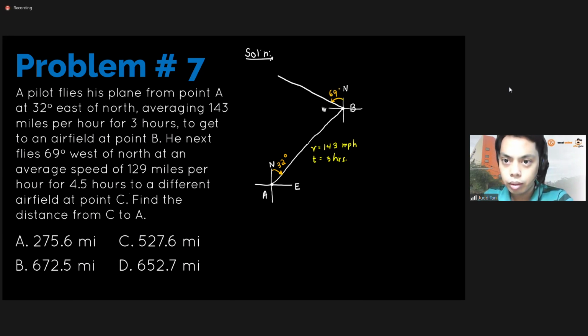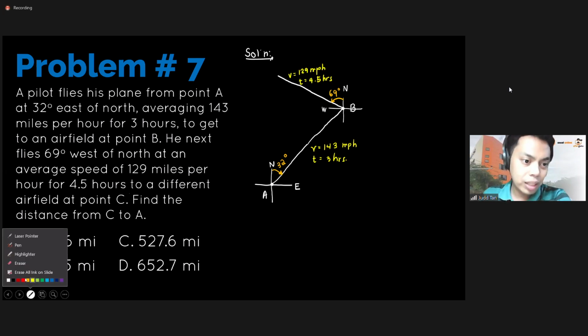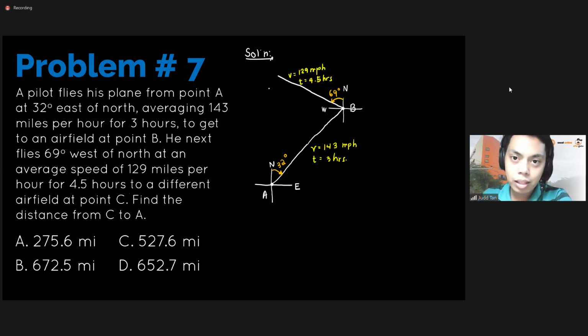Still, may nakasulat dito na average speed of 129 miles per hour, and then we have time na 4.5 hours. So, the question is, ano daw po yung distance from C to A? Saan po ba ito? C, towards A.